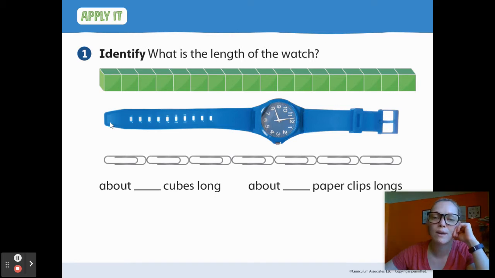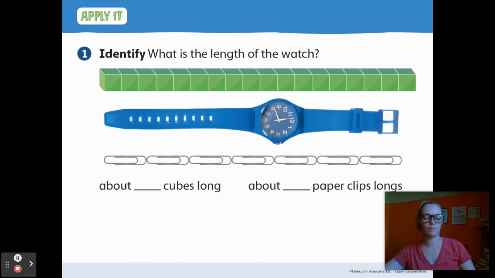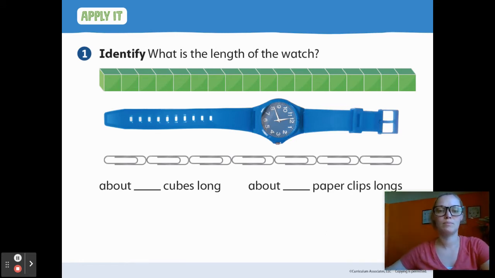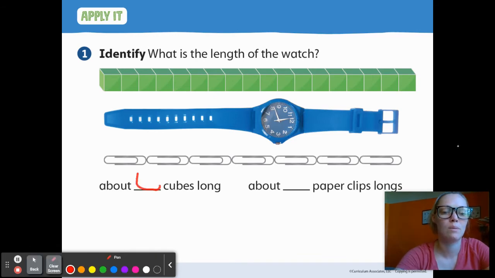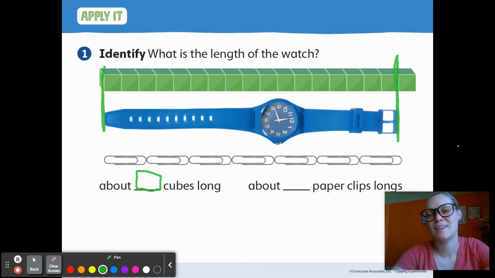So go ahead and figure out how many unit cubes long this watch is. Once you have that, write that down right here. Starts here. It ends about right there.